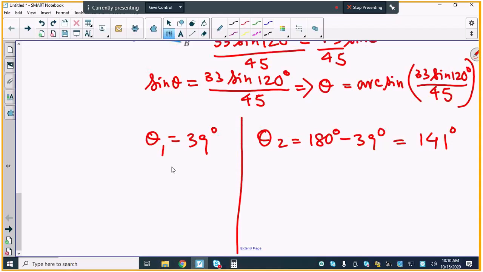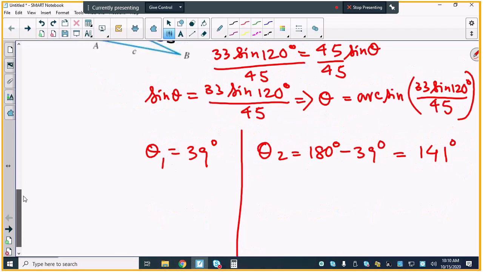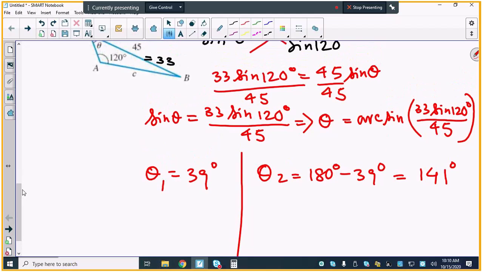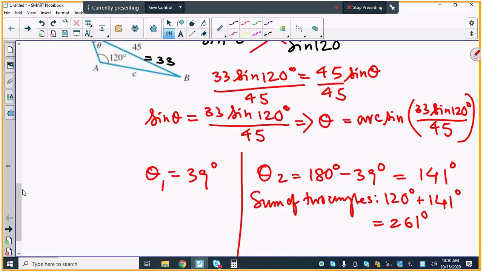But if I were to follow the second option, then theta is 141 degrees, and I already know that there is one other angle which is 120 degrees. So the sum of two angles in this triangle at this point is going to be 120 degrees given, and I found the other one to be 141 degrees, which when added is 261 degrees, which is not possible because this is greater than the sum of all three angles.